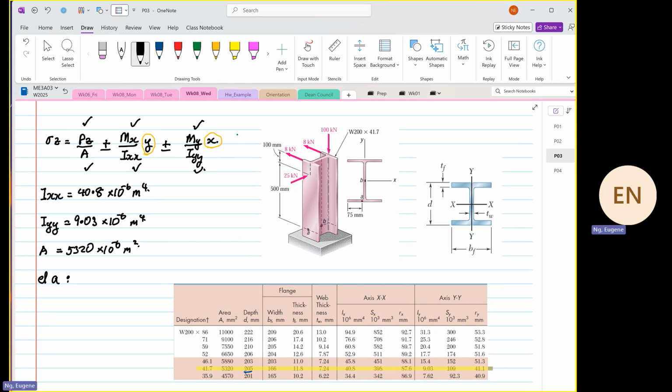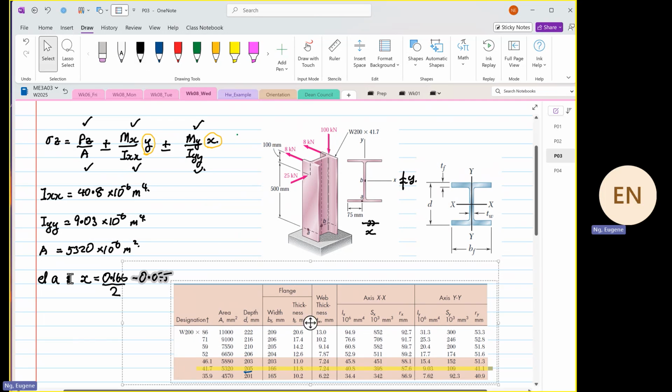right? For element A, the x is equal to what? So the x is the horizontal, so this is our x distance, and over here this is our y. So for element A, the x value is what? Okay, so we need to have BF, which is 0.166 divided by 2 minus 0.075.